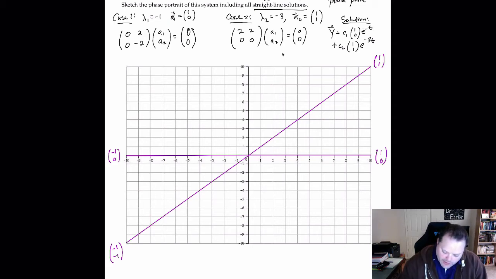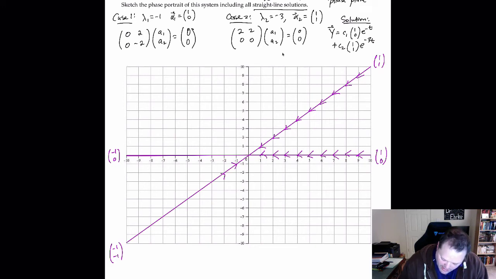So this will lead us oftentimes to draw in arrows, like so, that indicate the direction of motion along the vector. It's just like drawing arrows when Maple draws arrows in the slope field. We're just drawing arrows along this solution to indicate the motion that we have.